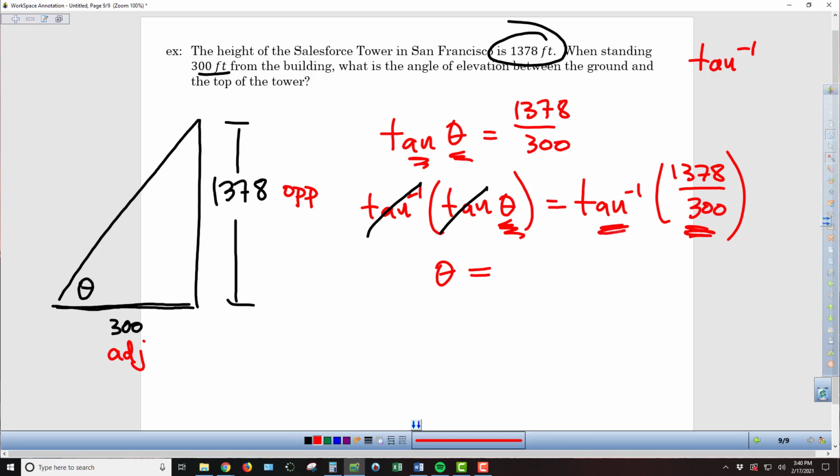Instead, I'm going to take the inverse tangent. This is for when we know what the ratio of the sides is and we want to work back to get the angle. Usually, we know what the angle is and we're trying to figure out what the ratio of the sides is. So in this case, we have to work backwards. So on our calculator, we're going to do the second function, get to that tangent -1, that inverse tangent feature, and then enter in the ratio. And so what we find is our angle is 77.7 degrees. So we have a pretty high angle of elevation looking up to the top of the Salesforce Tower from only 300 feet away.